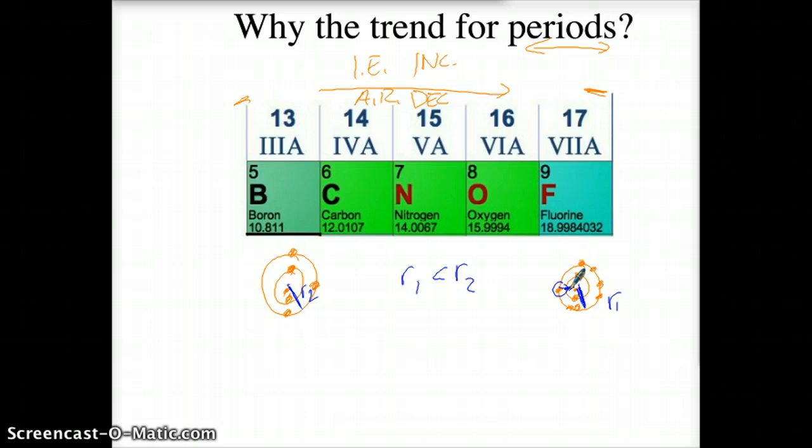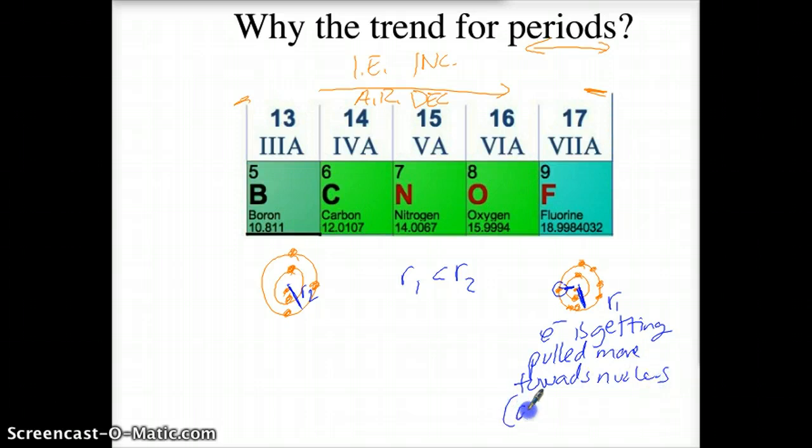So essentially here, this electron is getting pulled more towards the nucleus. Or what we could just say is that the attraction between the nucleus and the valence electron is a lot larger.